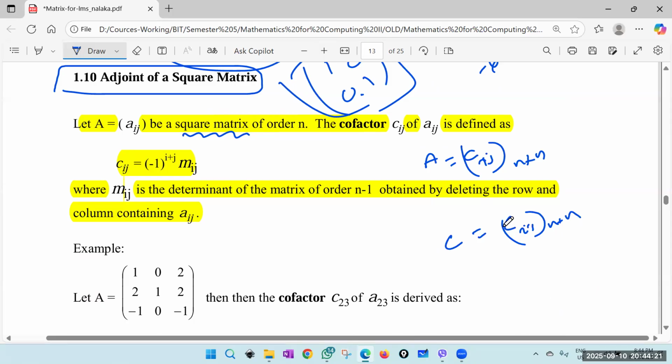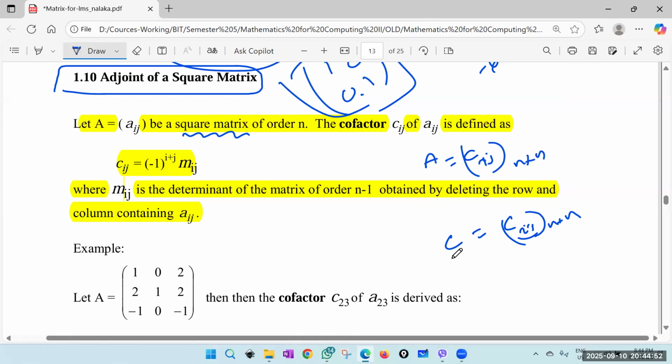How do you find this individual element? C_ij means an individual element. It can be C11, C12, C13, C21, C22, C23, C31, C32, C33. And A_ij is A11, A12, A13, A21, A22, A23. That means this is a particular general element in the C matrix, and this is a particular element in the A matrix.